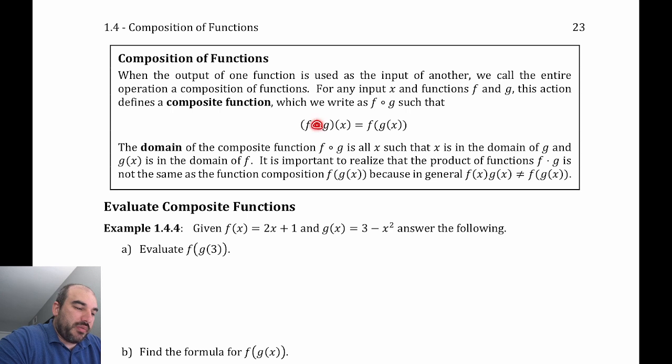When we see this open circle symbol between 2 functions, this is read as f composed with g. And we simply take g of x and we plug it into f of x.